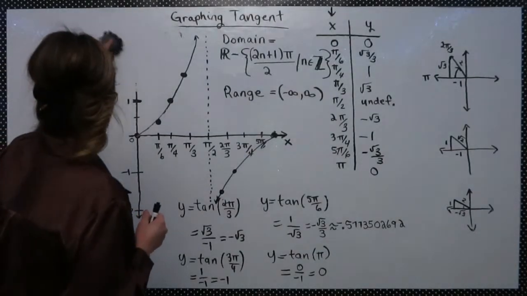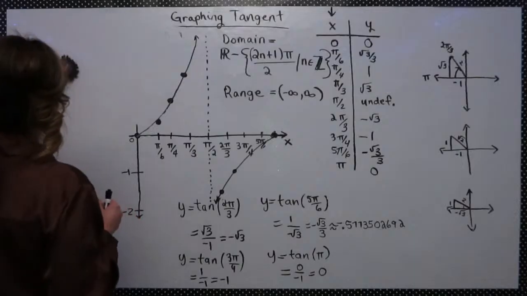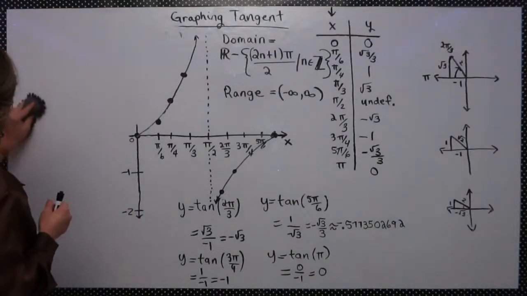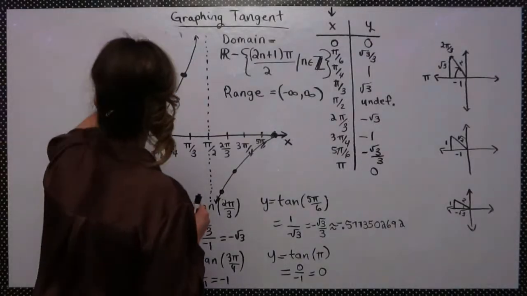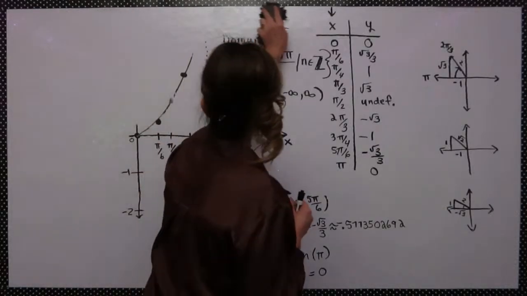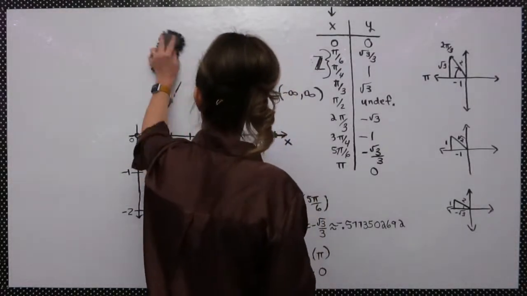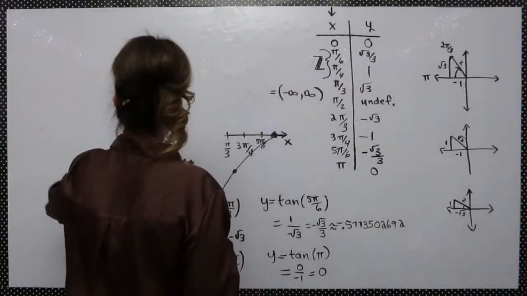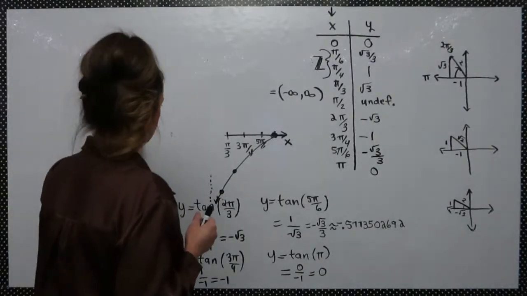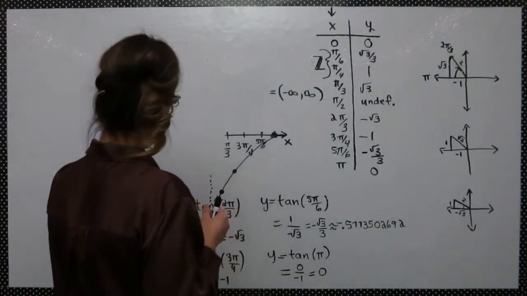And we're going to move on from tangent. However, I'm not quite ready to move on from the unit circle because I realize that I need the unit circle to explain this concept called negative angles.